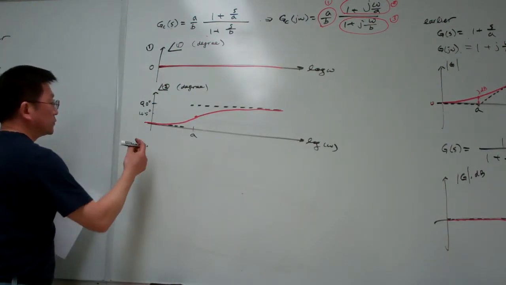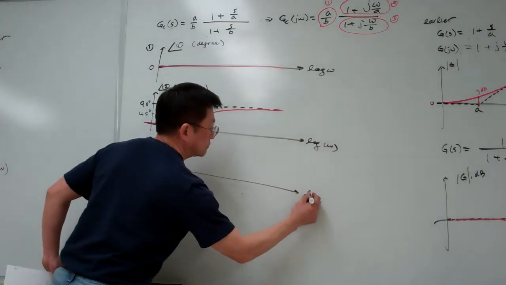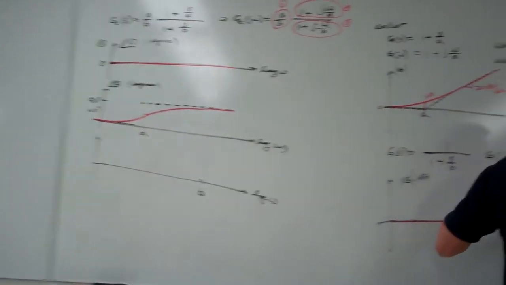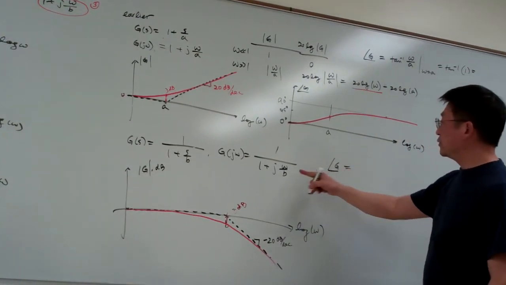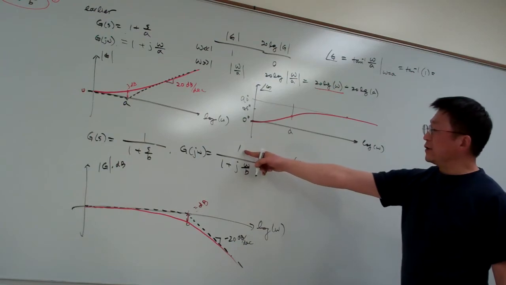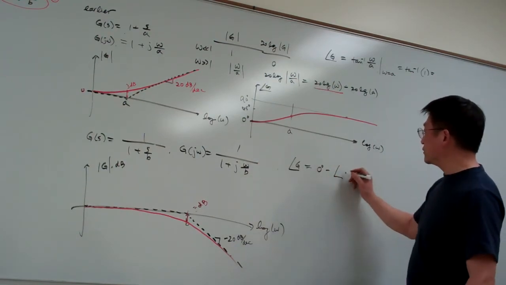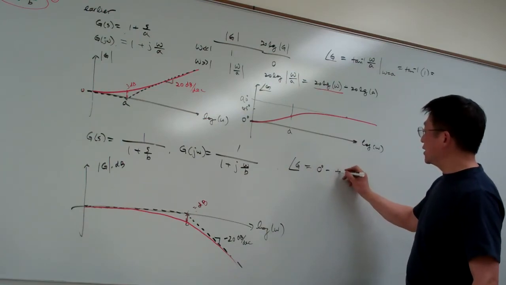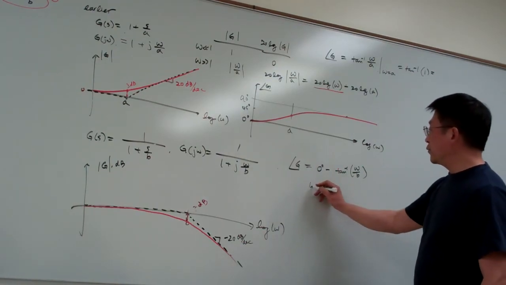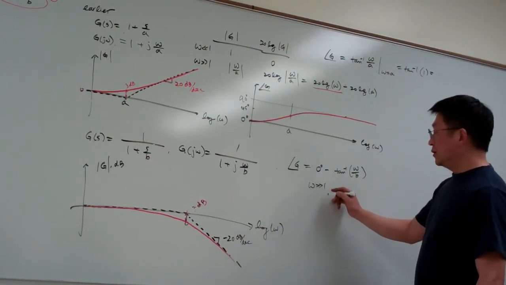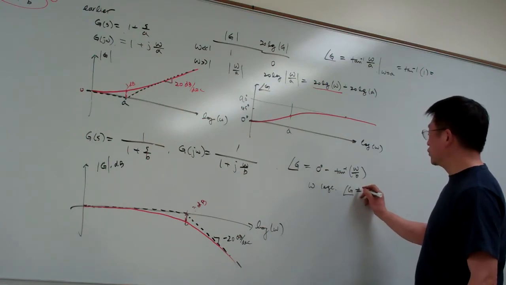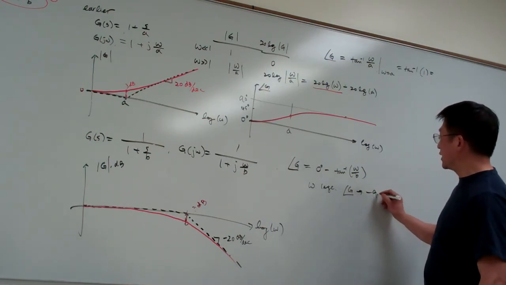Basically here is 45 and 0. Now for the third term, that is B here, and for this case we can calculate. For G, for this term, that is the angle of the numerator minus the angle of the denominator, so that is arctangent of omega over B. When omega is approaching large, G approaches minus 90 degrees.